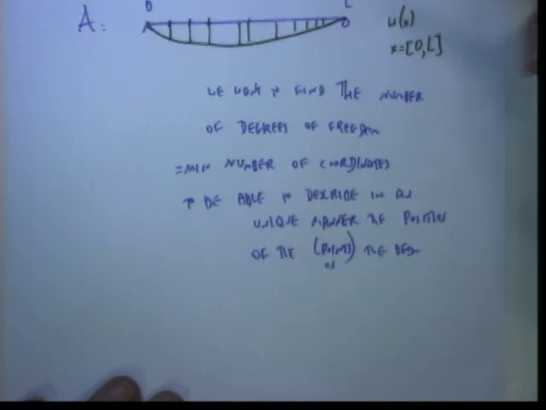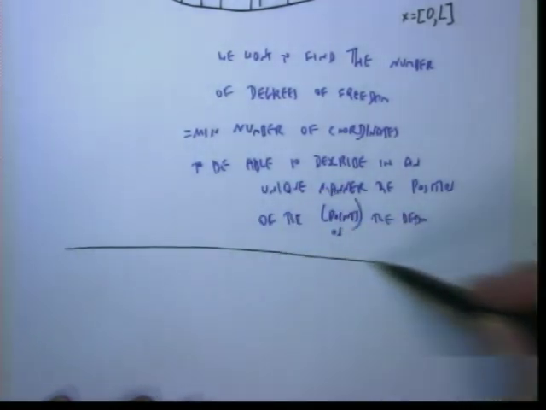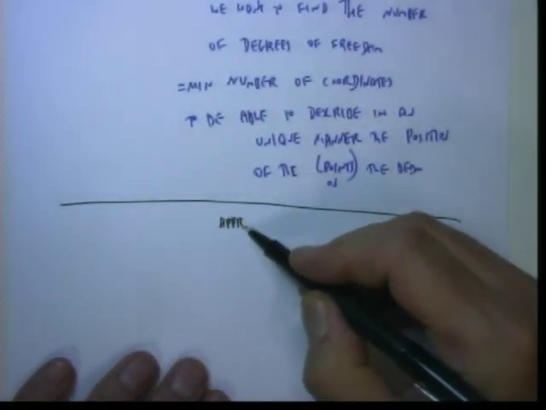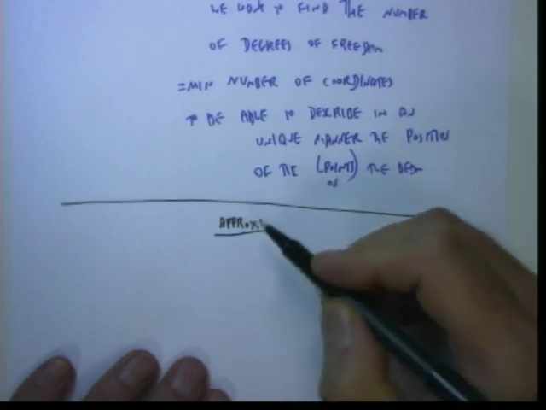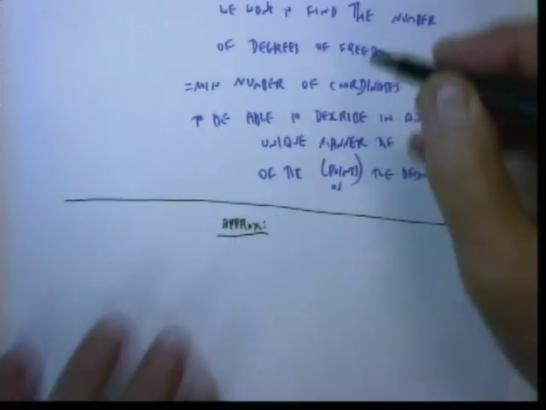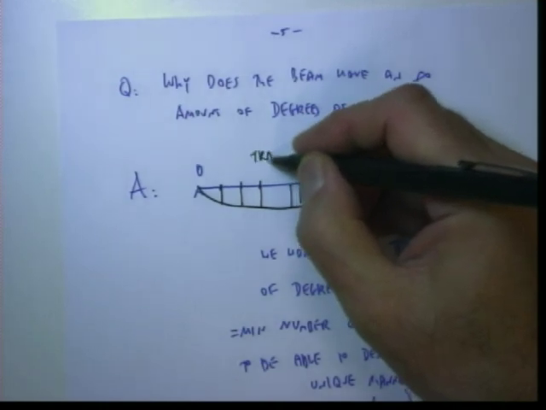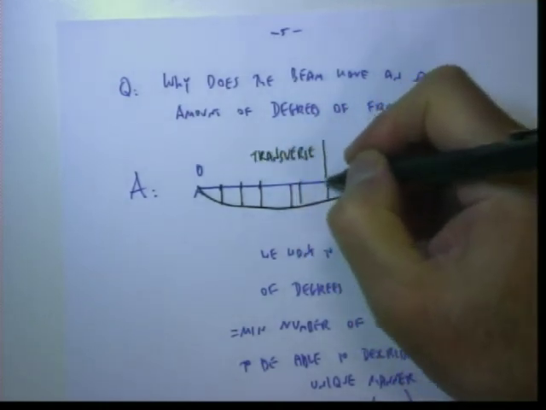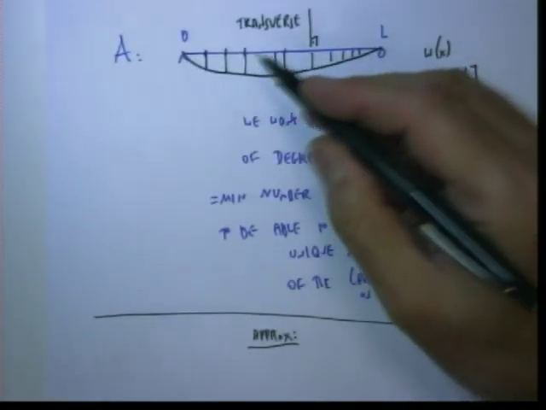Now, let us talk about approximations. This was transverse vibrations. Do you remember transverse? So that is perpendicular to this axis.